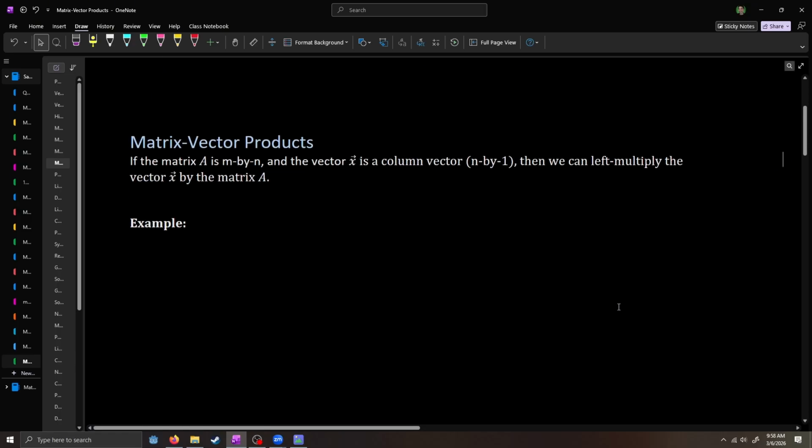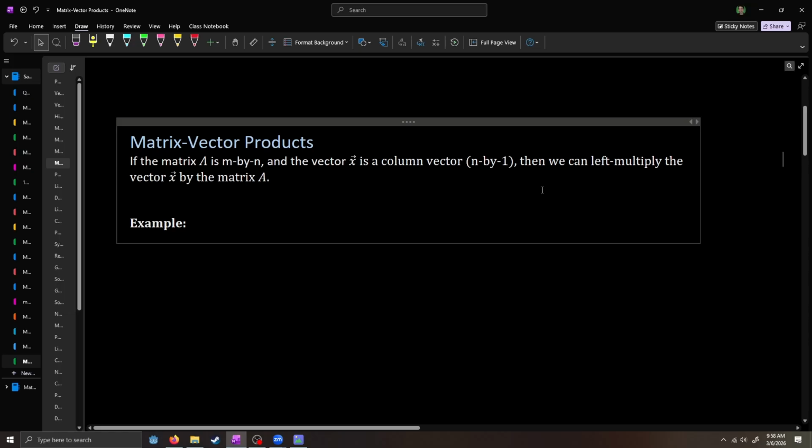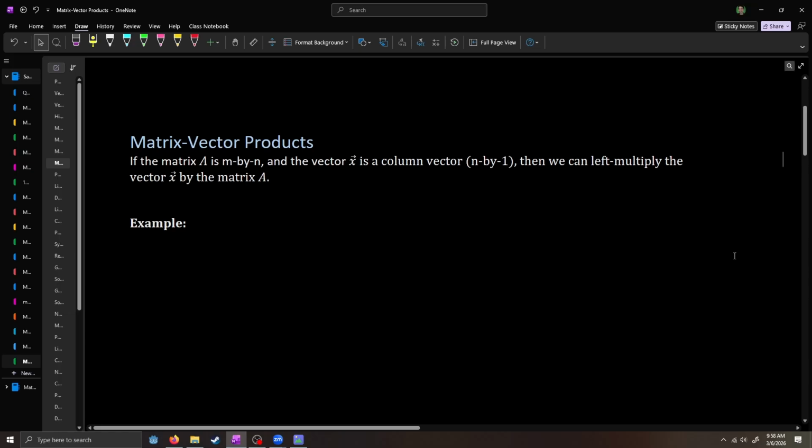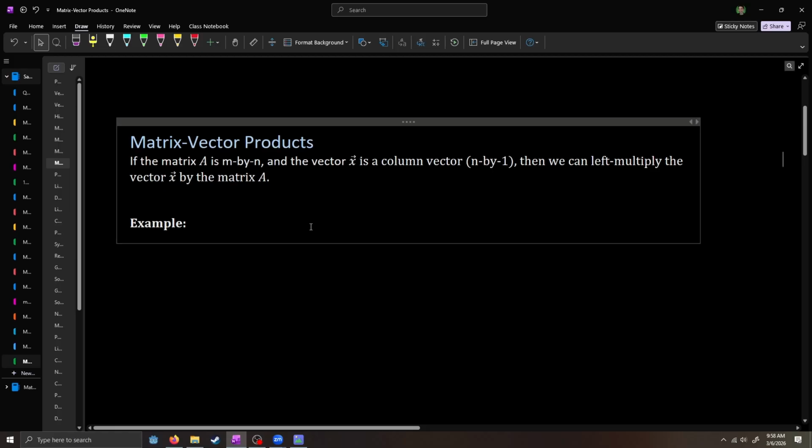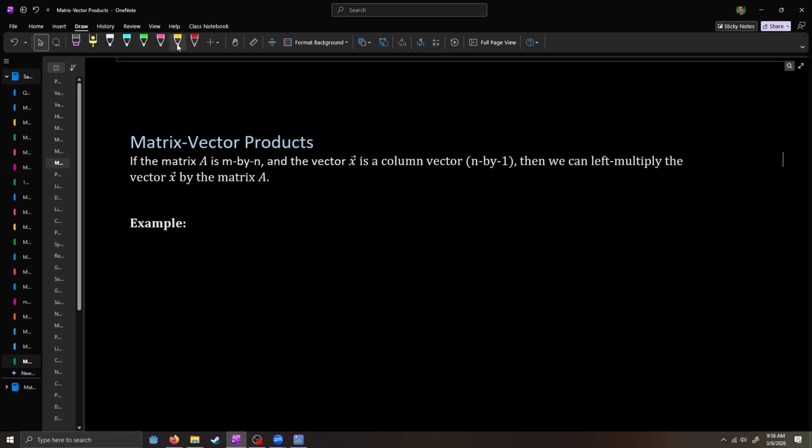So to start with, let's observe that if our matrix A has n columns and a vector x has n entries, then it is possible to multiply that vector by the matrix A on the left.